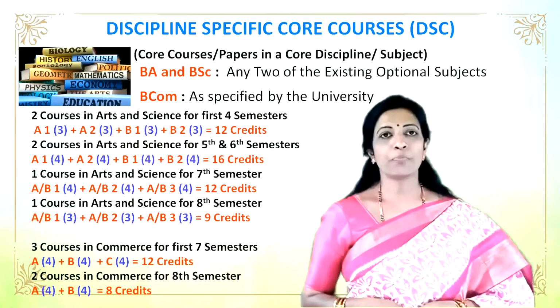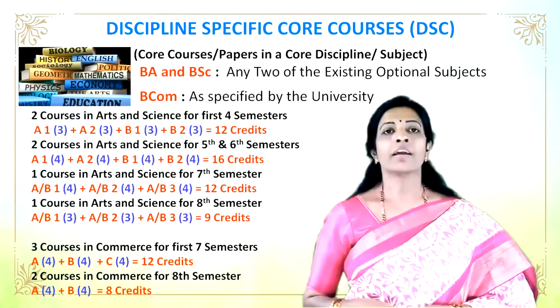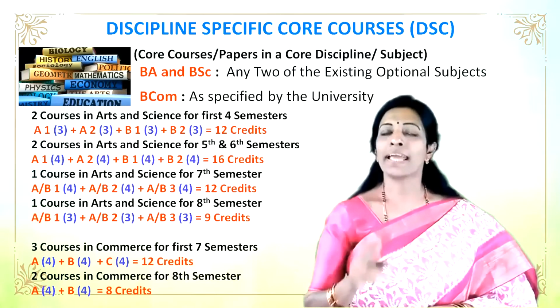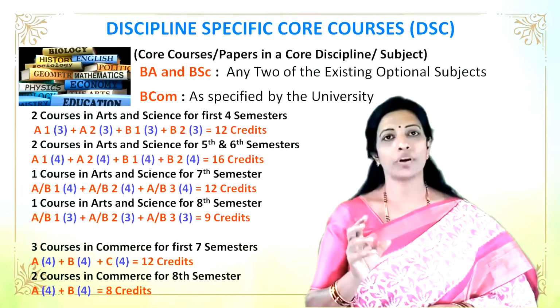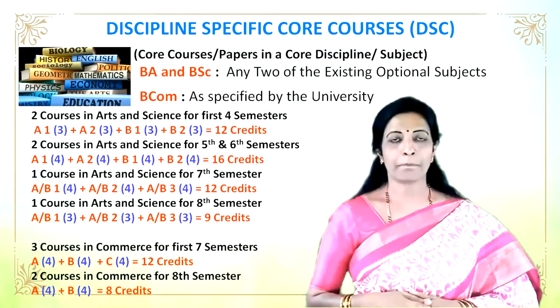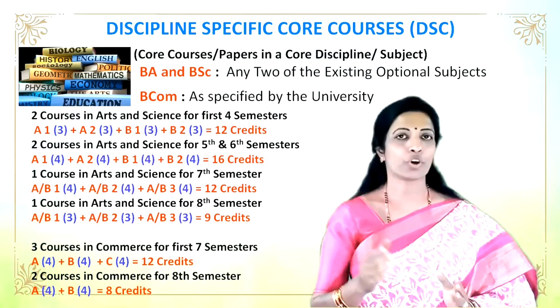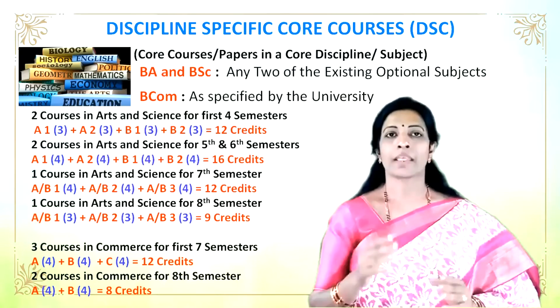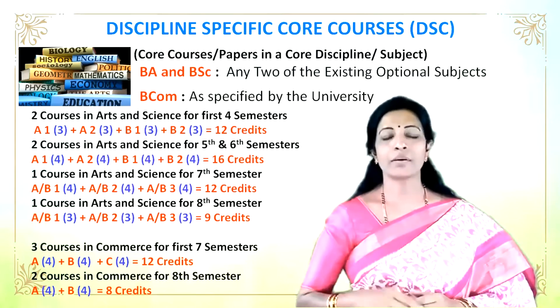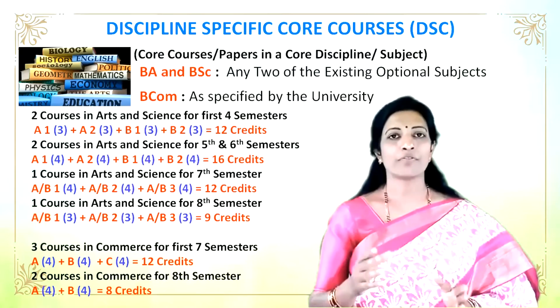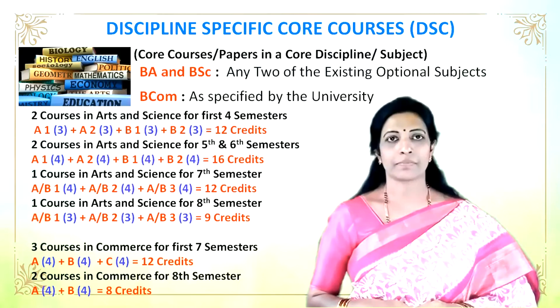A student of BA or BSc degree will now have to opt for any two core courses. For example, a student of a BA program may opt for sociology and economics, and a student of a BSc program may opt for physics and mathematics.